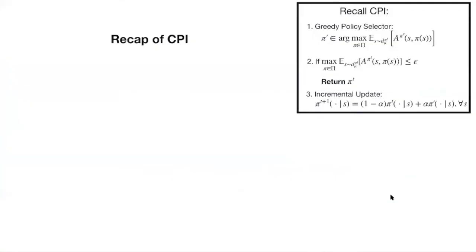Okay, so let's recap conservative policy iteration. Here is the algorithm, three steps in each iteration. The first step is this greedy policy selection. At iteration t, given the current policy pi t that we have from the previous iteration, let's find the policy that maximizes the advantage against it under its own distribution.